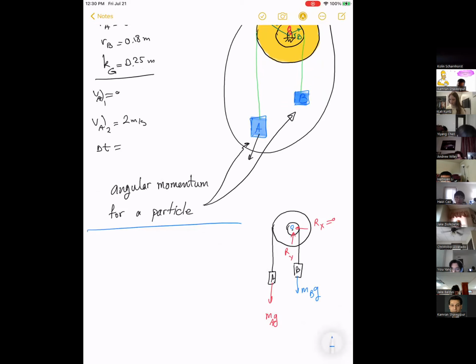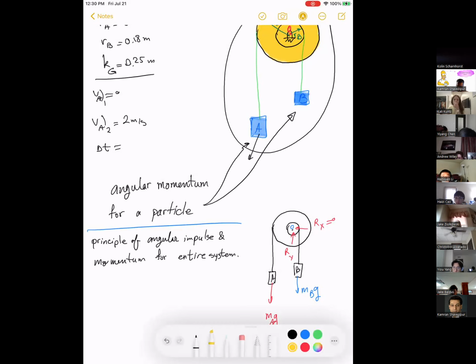Now I'm going to use the principle of angular impulse and momentum for the whole system. Okay, for the entire system. This is my system, the whole thing here.